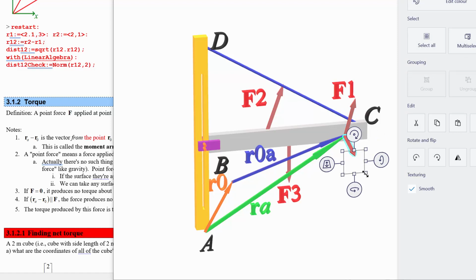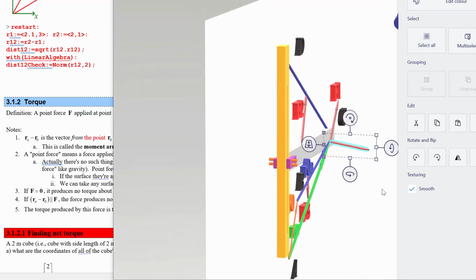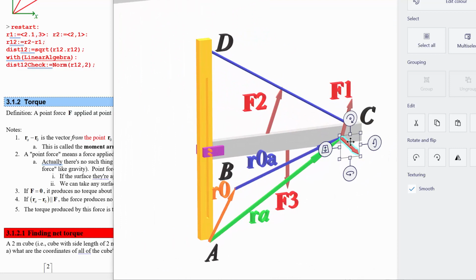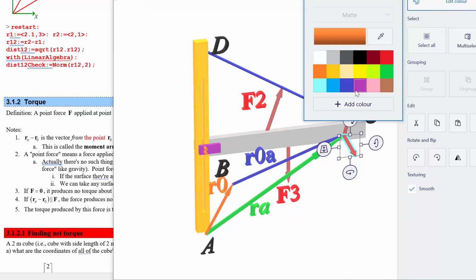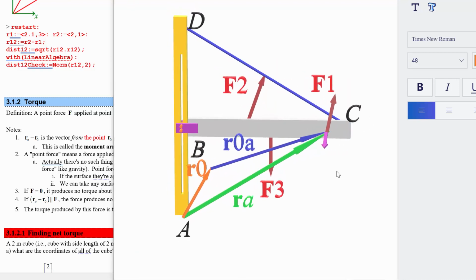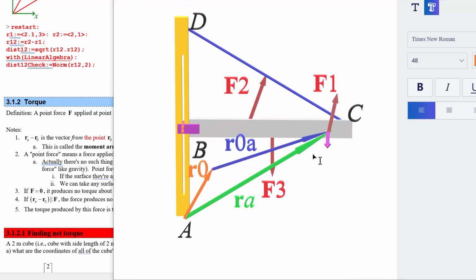The torque doesn't have to be the same. It's in different units, so the length of this doesn't tell you too much if you know the length of these other ones necessarily. You can change the color, by the way, in Paint 3D to something different up there. I don't know, maybe like a purple one, and then put in a label like this, which we could say T1, and then change this to the symbol font.